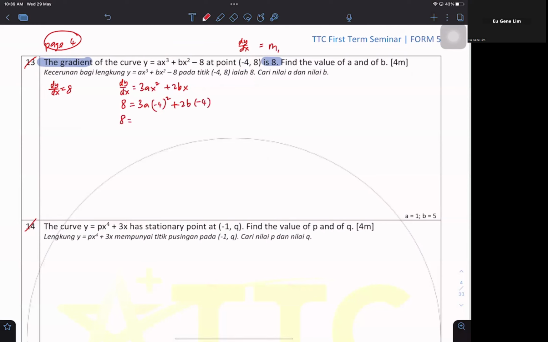So from here, you will get an equation. This one you can press on the calculator. -4 to the power 2 is 16. 16 times 3. -4 times 2 is -8.